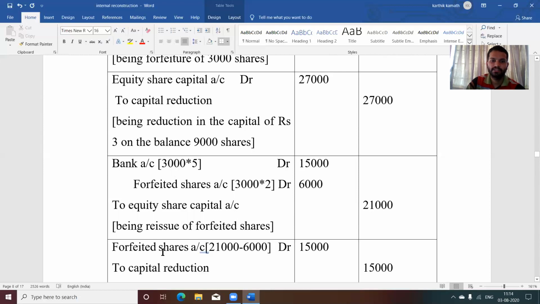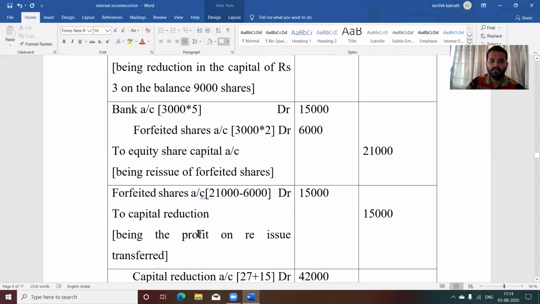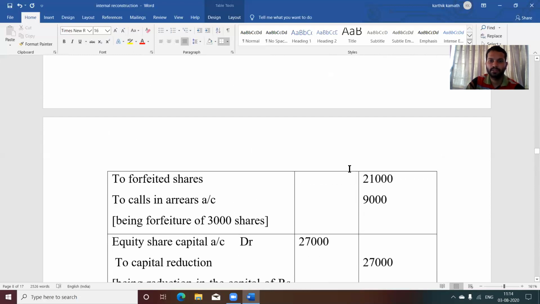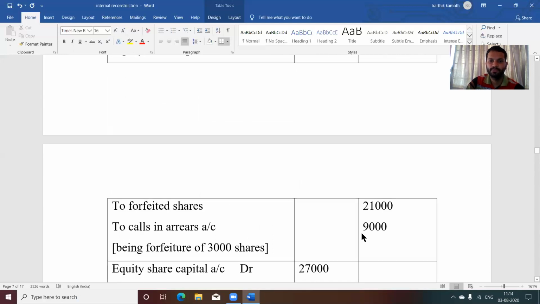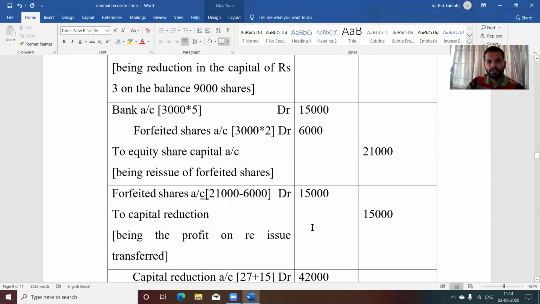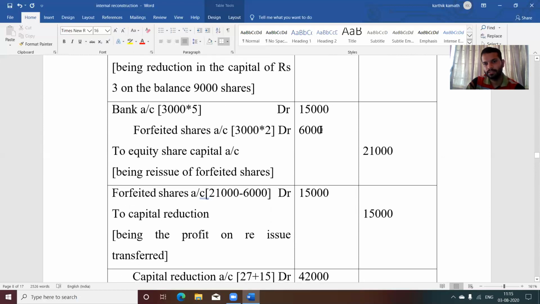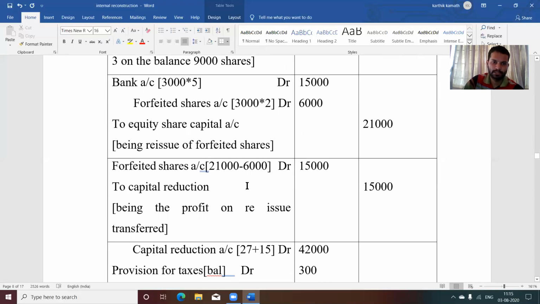The credit balance of forfeited shares account is 21,000, minus the debit balance of forfeited shares, that is 6,000. So 21,000 minus 6,000, 15,000, is the remaining balance of forfeited shares account, which is transferred to capital reduction account. This entry you have to pass.